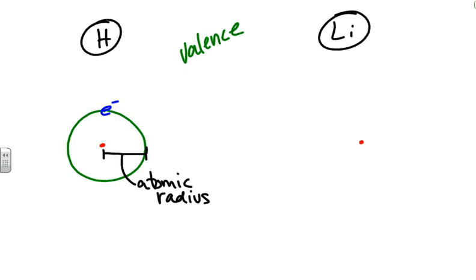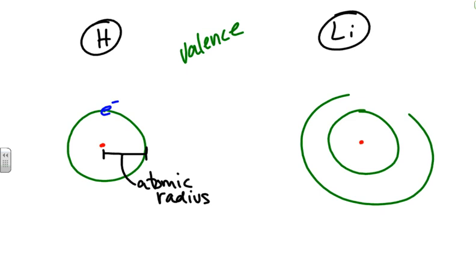Now, if we look at hydrogen, and then we'll do lithium here. Lithium has another energy level because it's another period down, another row down. So as we're gaining rows, we're gaining energy levels. I'm going to put my electrons here. There are two electrons here, and then there's one more electron out here.